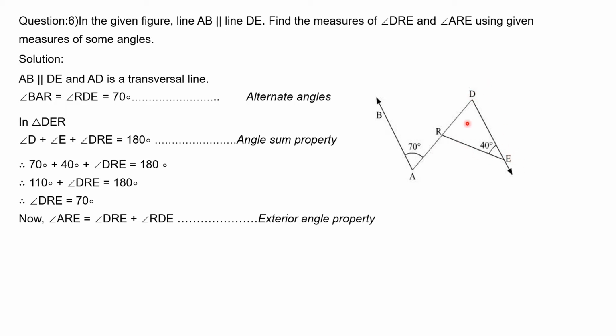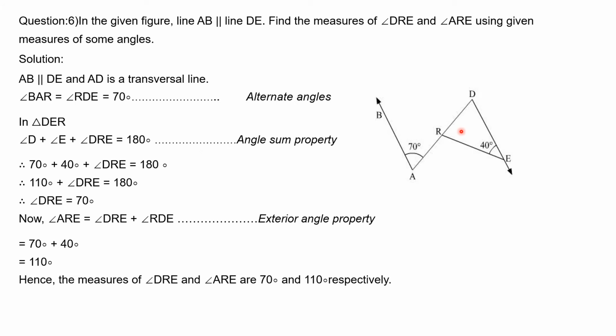So the measure of an exterior angle is equal to the sum of its remote interior angles. So therefore measure of angle DRE is 70, plus measure of angle REB is 40. So 70 plus 40 is equal to 110. Hence the measure of angle DRE and measure of angle ARE are 70 degrees and 110 degrees respectively.